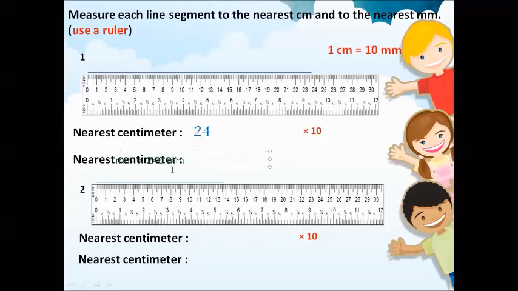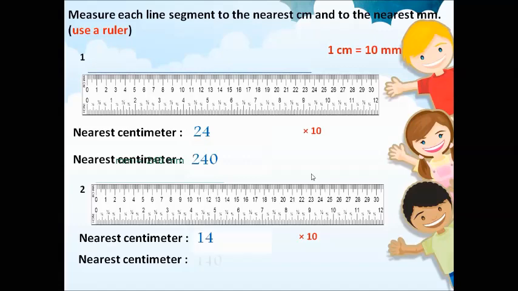Now, what about this? Sorry for this. I'm going to fix it. Now, what about this? Look, we put the line over here from 0 to between 13 and 14, which is closer to 14. Now it's gonna be 14.